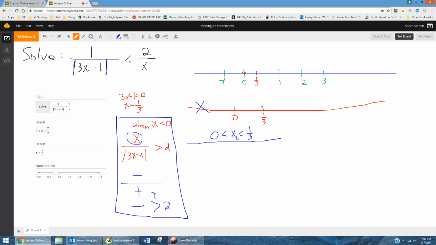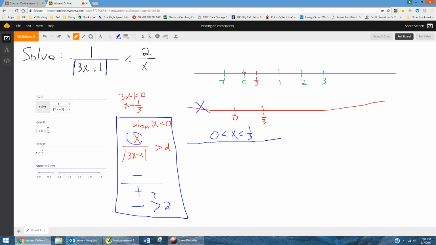When x is between 0 and 1/3, what is the value of 3x minus 1? Like if I put a 1/6 in here, 3 times 1/6 is 1/2. 1/2 minus 1 is negative 1/2.